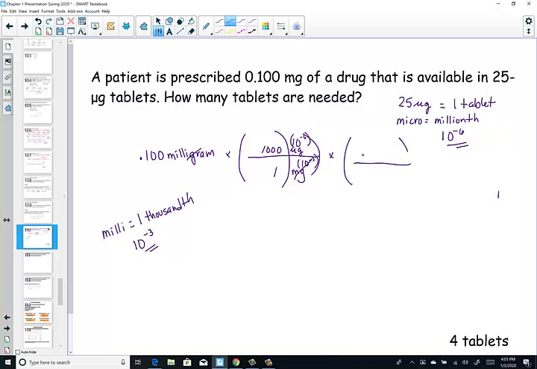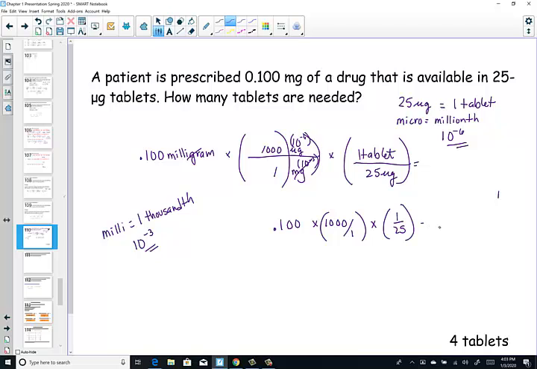Now, in every 1 tablet, there are 25 micrograms of medicine available. So we have 0.1 times 1,000 over 1 times 1 over 25.